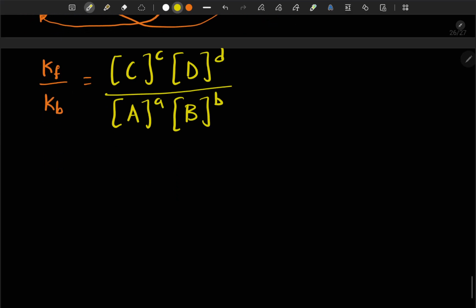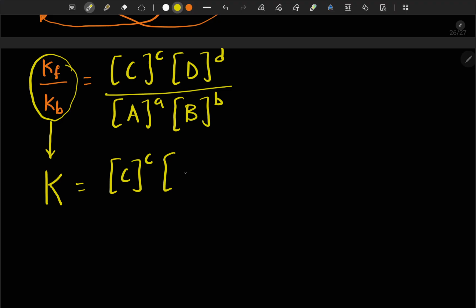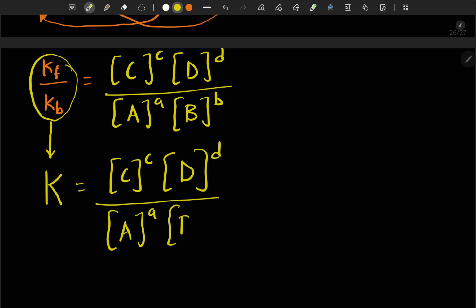Now, the ratio of the rate constant for forward reaction to the rate constant of backward reaction is equivalent to the equilibrium constant K, capital K, which will now be equal to concentration of C raised to power c multiplied by concentration of D raised to power d all over concentration of A raised to power a multiplied by concentration of B raised to power b.